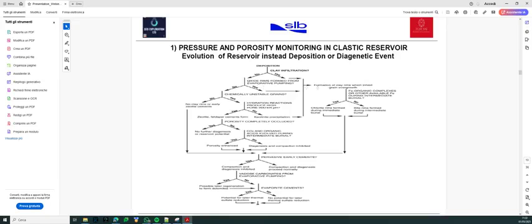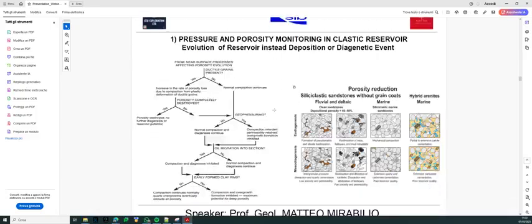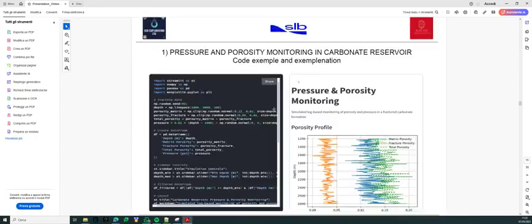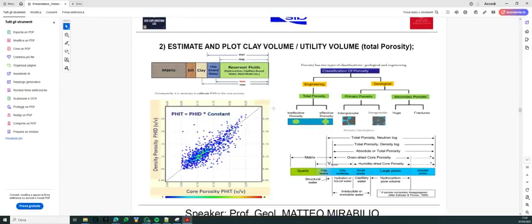Clay infiltration is a geological phenomenon that can be involved in the formation of oxide and evaporite. So when we have clay infiltration, the total porosity can change extremely.